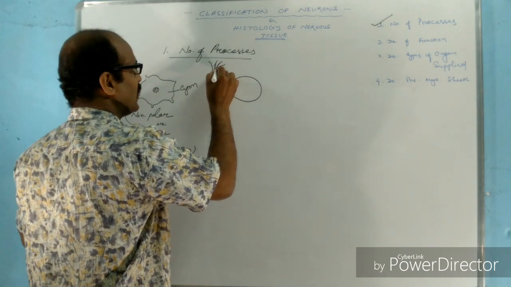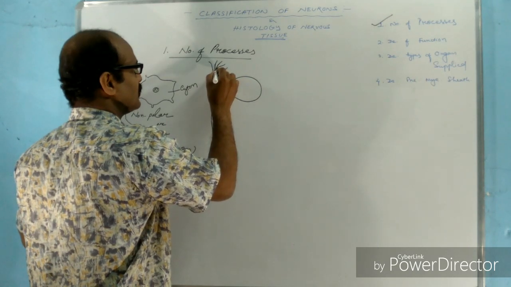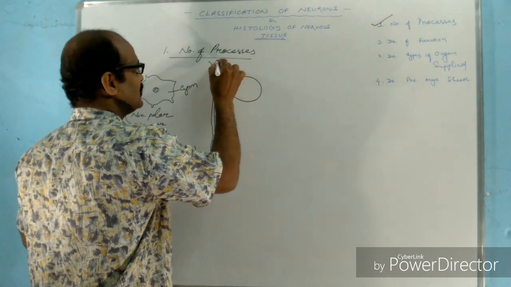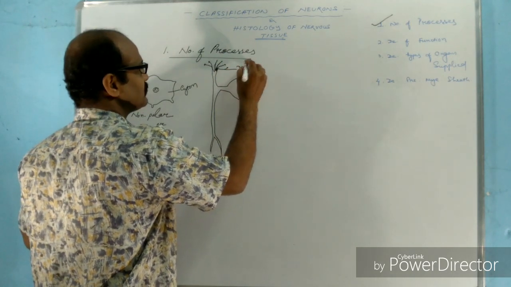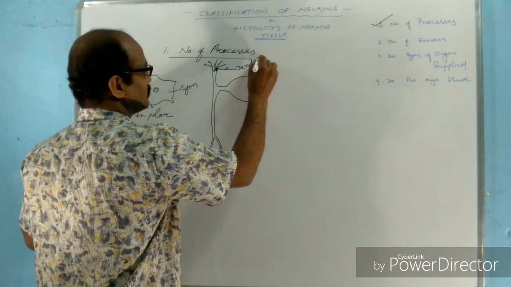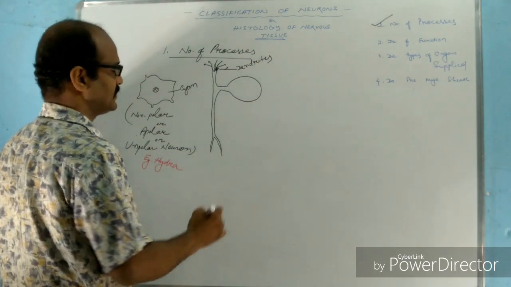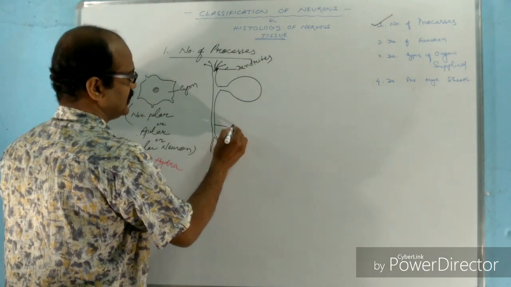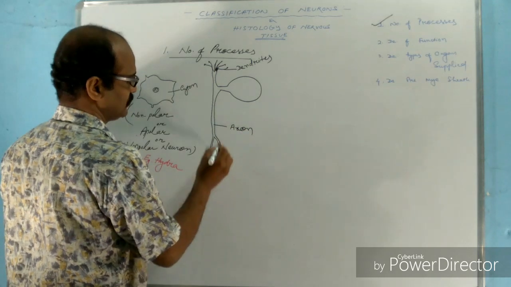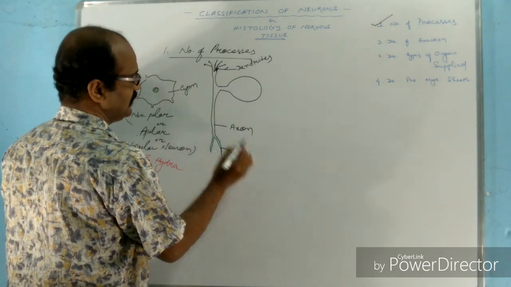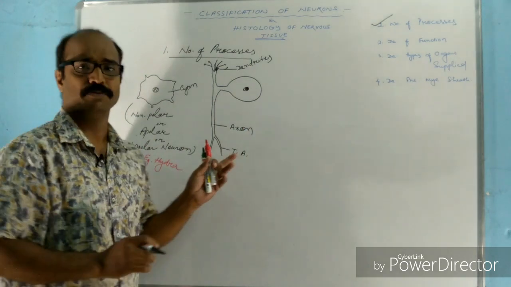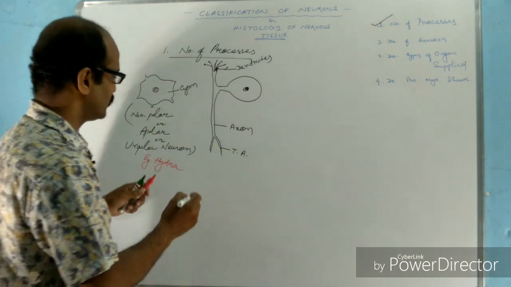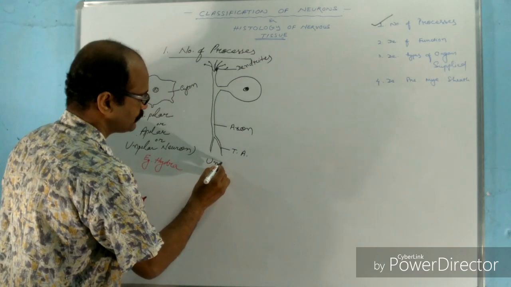One is short, another is long, and at the free end it forms the dendrites, and it forms the axon. This is the terminal axon. And in such a neuron, you find a single pole. This is known as the unipolar neuron.